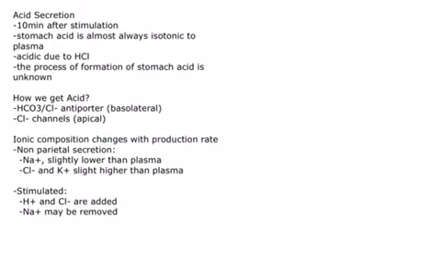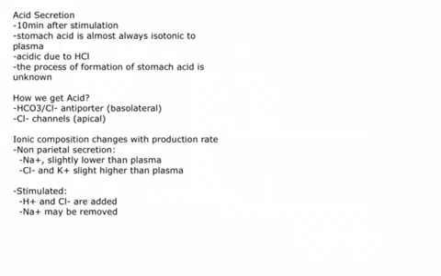And the stomach acid is almost always isotonic to plasma, and our stomach is acidic due to the hydrochloric acid. The process of formation of the stomach acid is currently unknown, so we're not sure about the mechanism. But how we get acid, we do know.